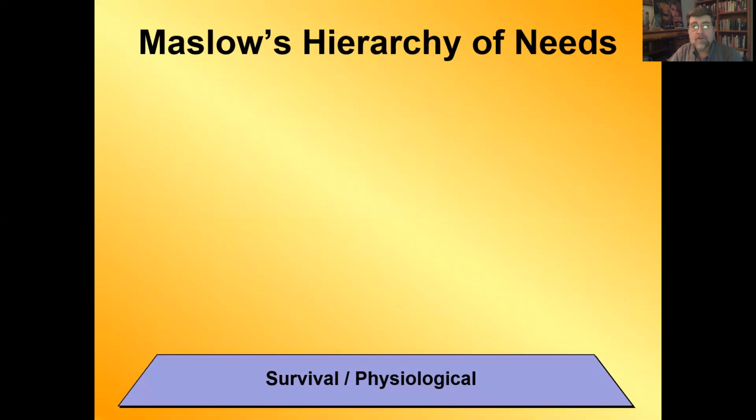For instance, if I were to drop you on a desert island, I don't mean a Club Med desert island, I mean a real deserted desert island. Your primary goals will be to find food and water and shelter, for physical survival. Most of us have met our physiological or survival needs. We don't necessarily have to go hunting and gathering.